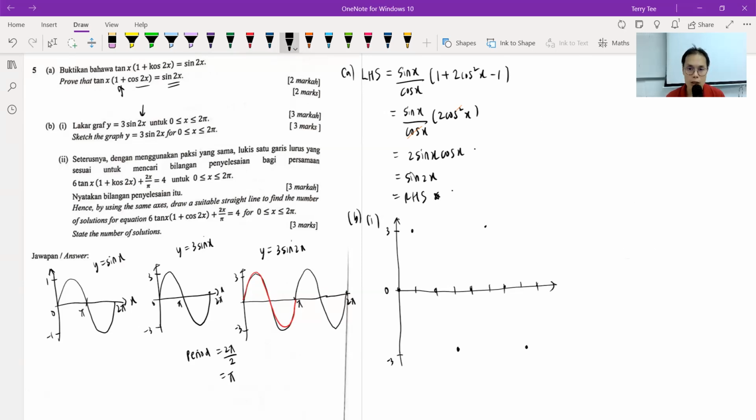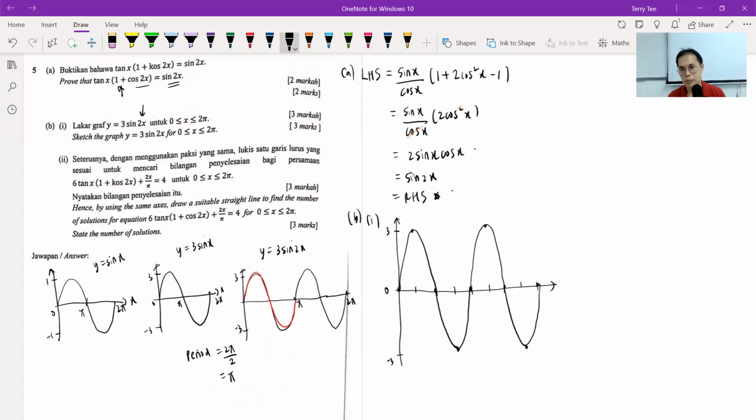Okay, so the graph should go up. Sorry, I'm missing the point. Go up, touch a point, come back down, go down, touch this point, come back up, go up, touch this point, come back down, go down, touch this point, come back up.